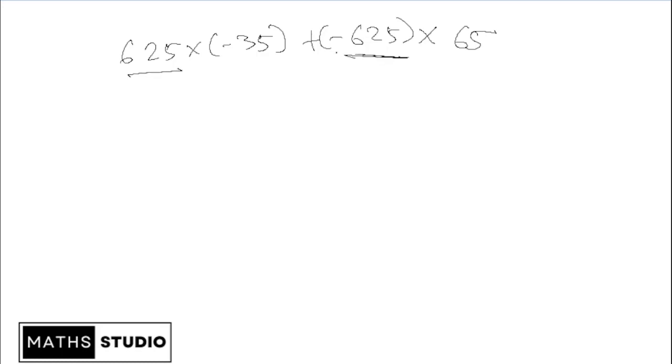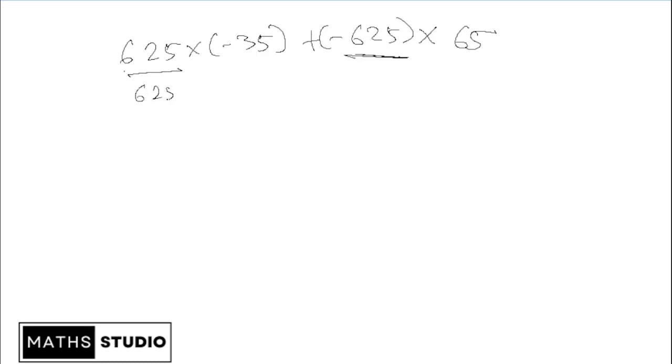Okay, now let us look at question number E. Question number E is 625 into minus 35 plus minus 625 into 65. So what we can do, we can see 625 is common, but there is a plus sign and there is a minus sign. So we can transfer the negative sign to the other one.